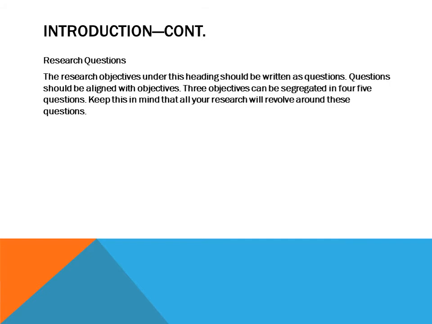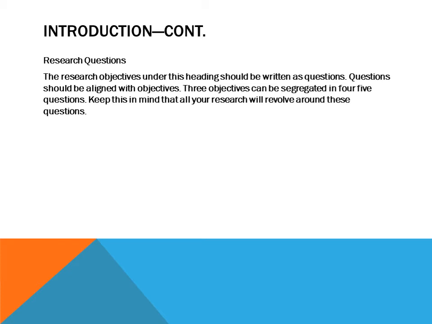Aligned with your research objectives, the next heading is research questions. You will convert your research objectives into questions. There can be just a difference of statement: in a research objective you will say, for example, the objectives of this research are to find out, and in research questions you will write that this research has the following research questions, what is, or how we can find out, etc. The research objectives under this heading should be written as questions.